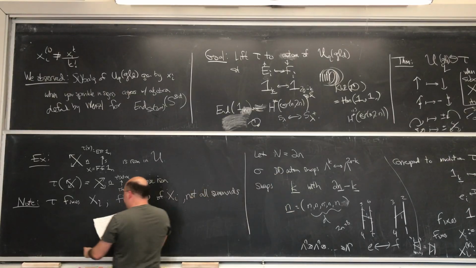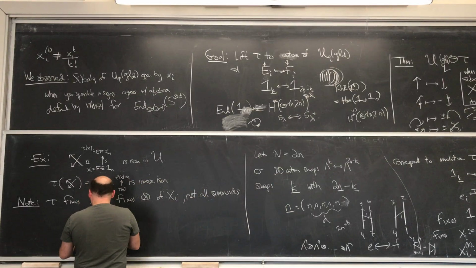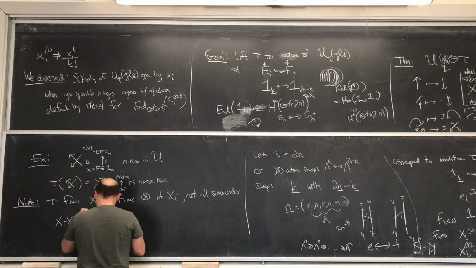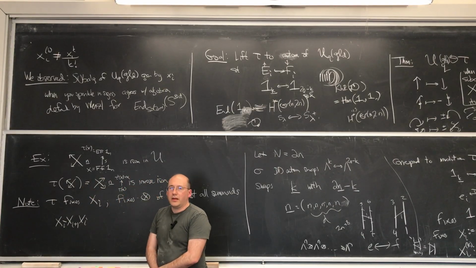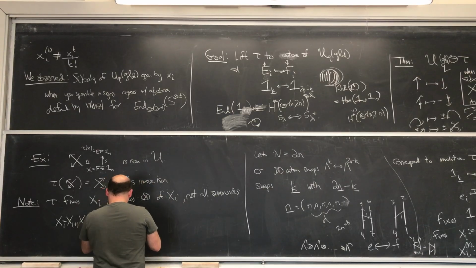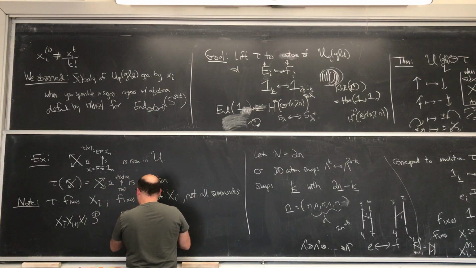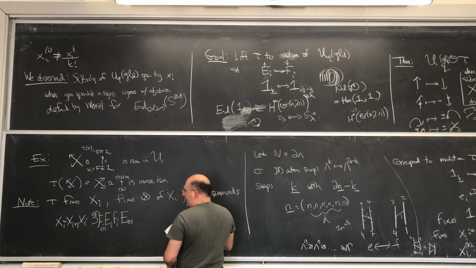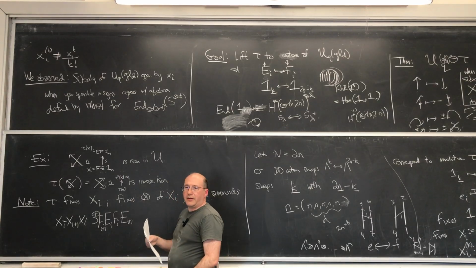So inside, say, xi plus 1 xi, you can do this computation, and inside here, as a direct summand, is, say, ei plus 1 fi ei fi plus 1. And this thing is not fixed by tau.